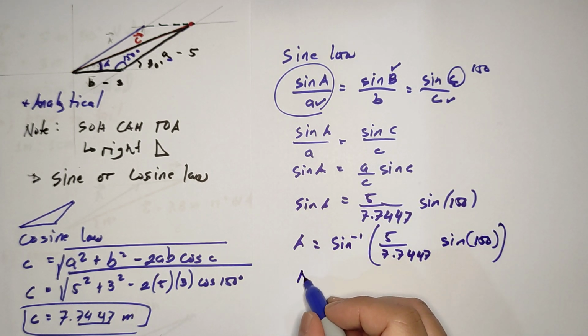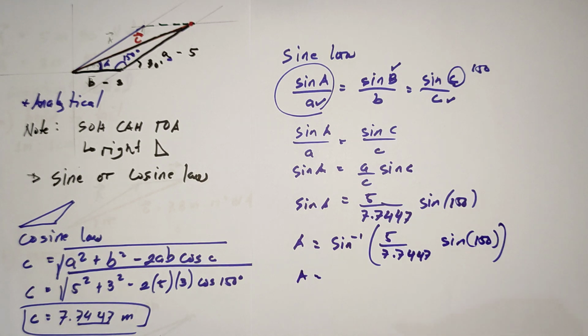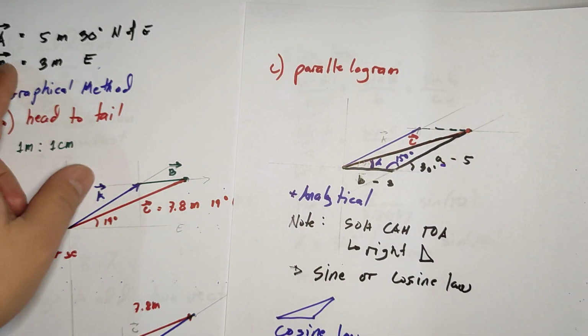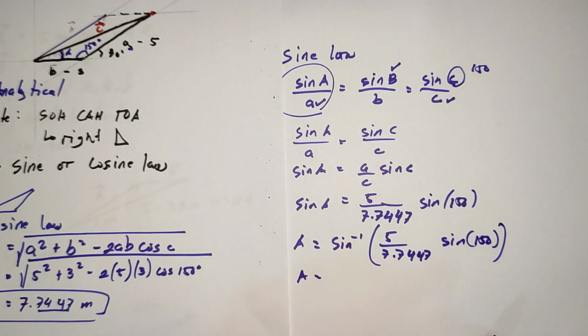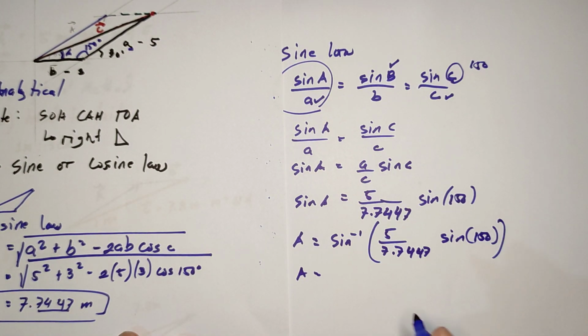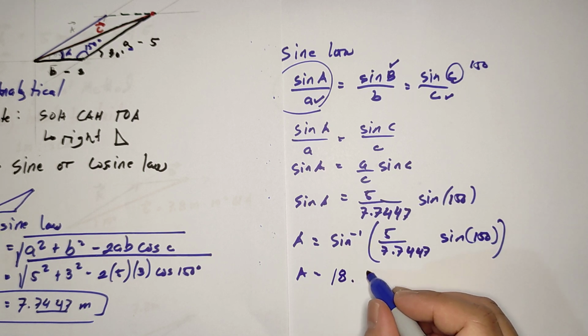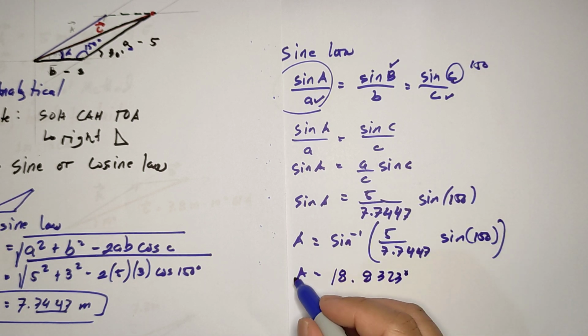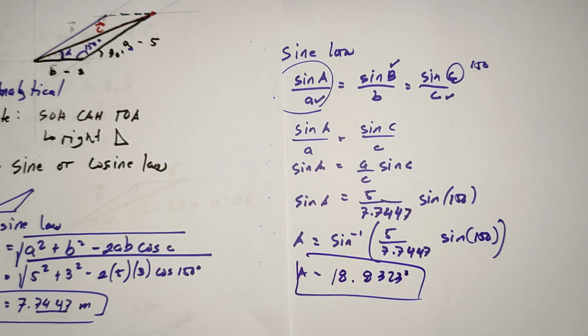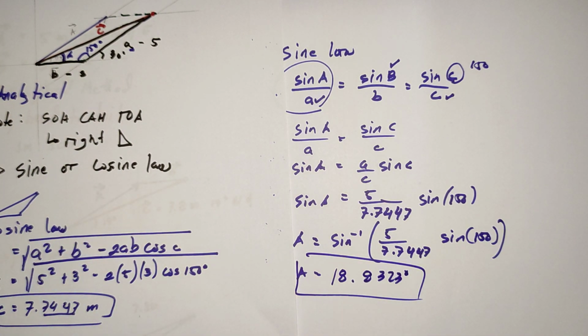Your calculator should be in degrees. Please compute. I think this is 18.8323. So in our graphical method, we measured it in between 18 to 20 degrees.